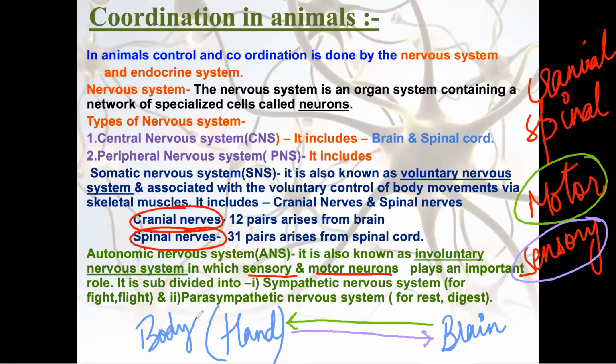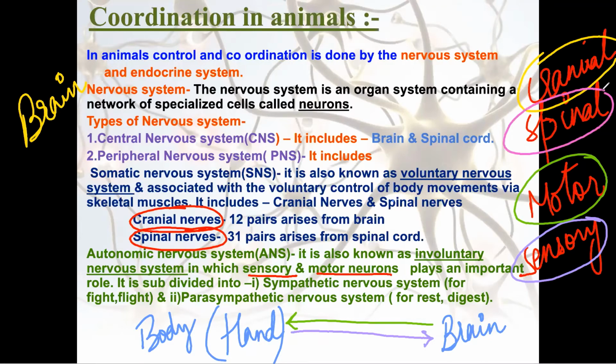All right. Now let's discuss the cranial and the spinal nerve. Cranial nerves arise from the brain, and spinal nerves arise from the spinal cord.